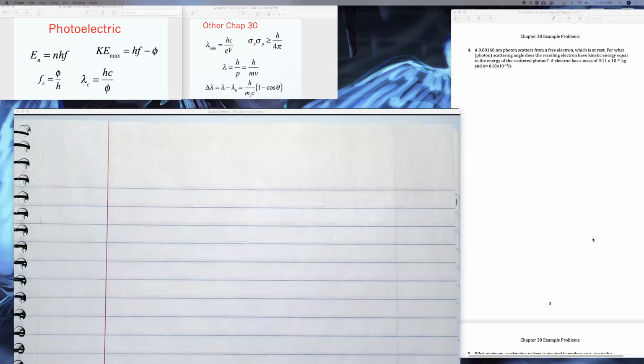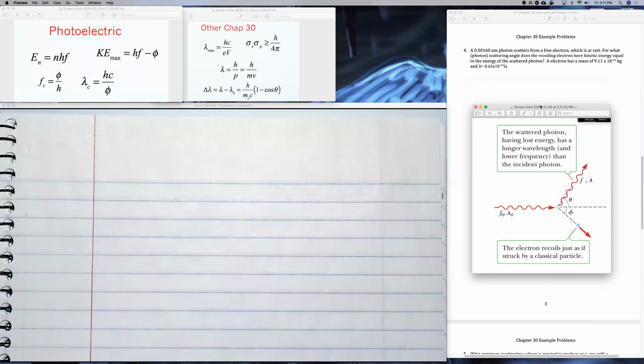Okay. Well, what we have here is a photon scattering off an electron. Basically, this means, and I'm opening something else up as I talk to just display for your benefit. There we go. A photon's coming in, hitting an electron, and the photon's going one way, the electron is going the other.